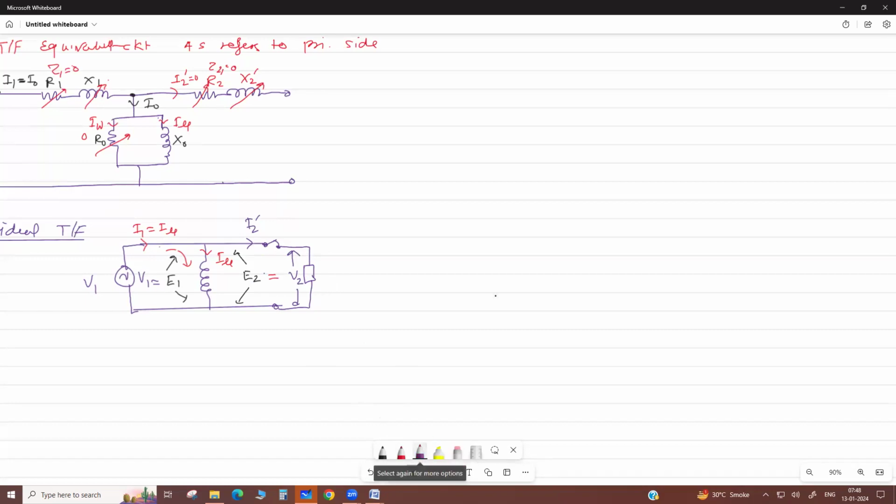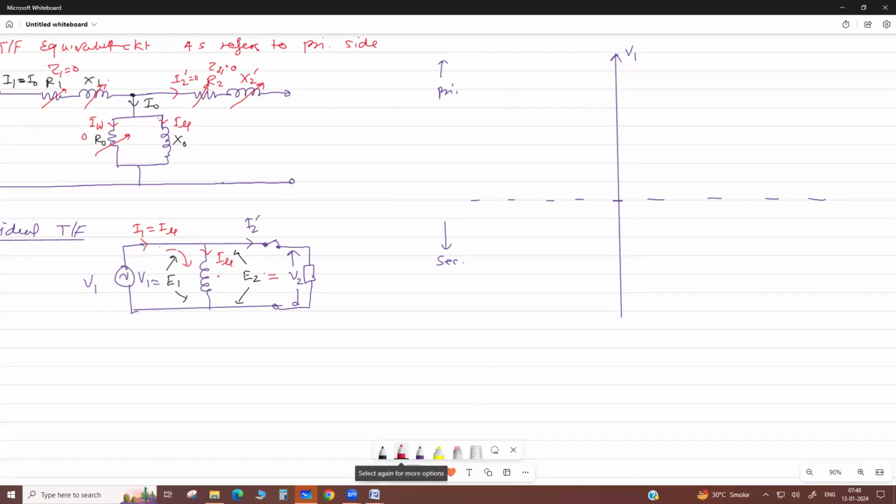So let us see. This is the vertical axis. We represent V1 here. Now this is the horizontal axis. Here we represent the primary parameters. Here it is the secondary side.